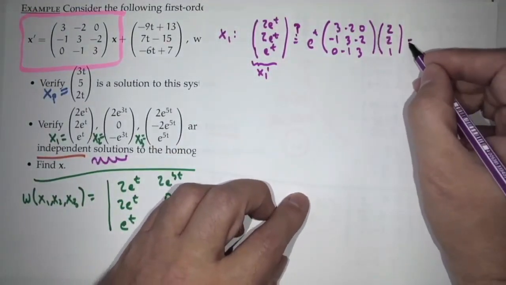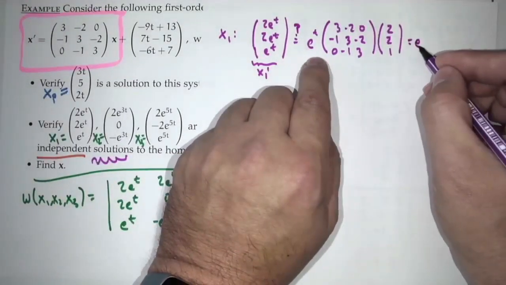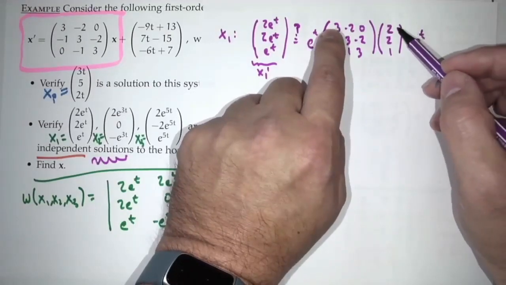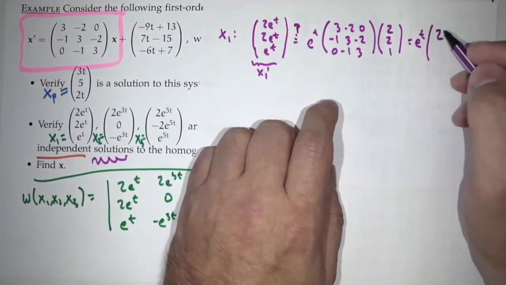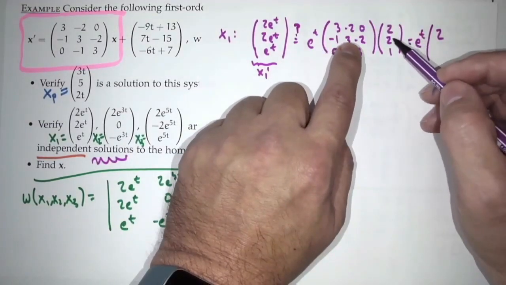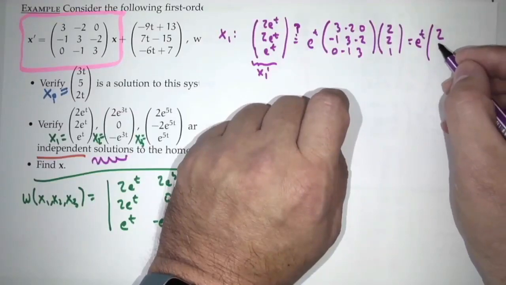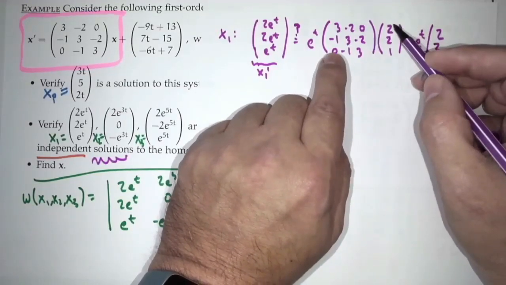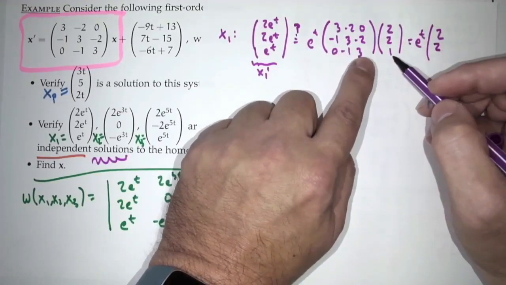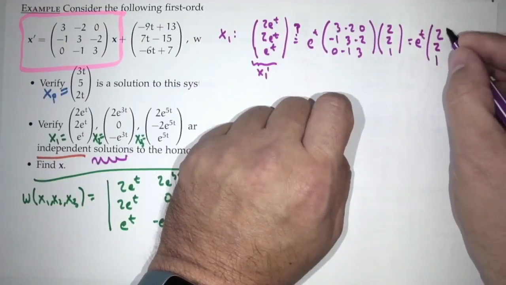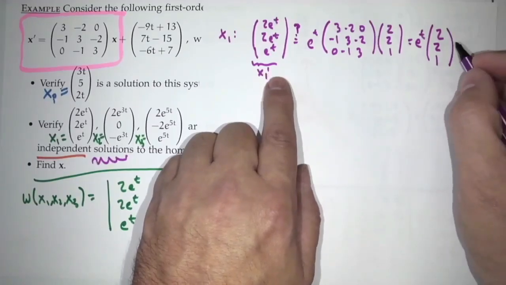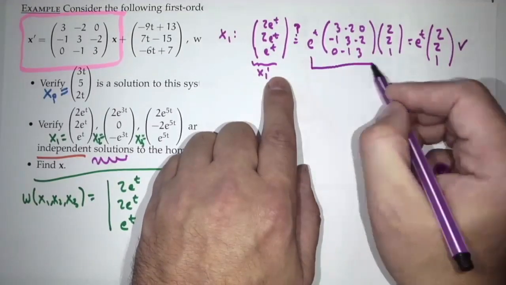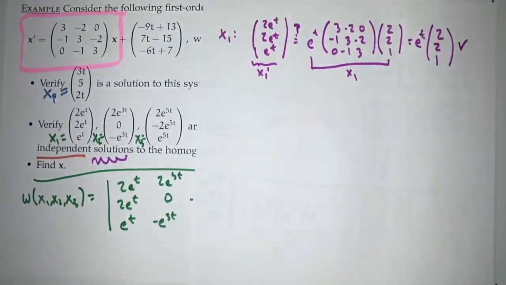Quick check. 6 minus 4 plus 0, 2. Minus 2 plus 6 minus 2, 2. 0 minus 2 plus 3, 1. Well, are these the same? Yes. This is x1. Okay, so that's the verification that x1 is a solution.